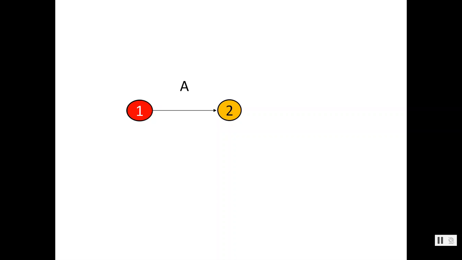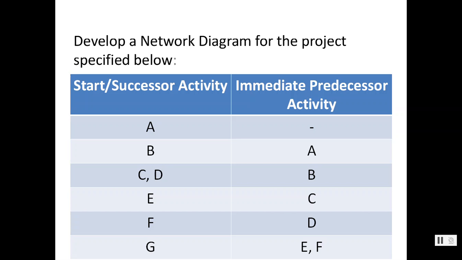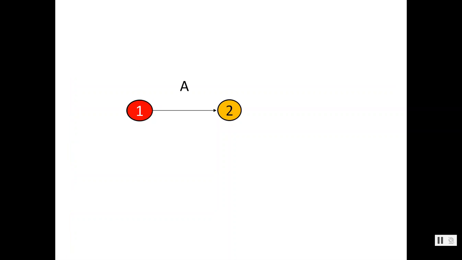So A can be represented as 1, 2 here. Next, B is the successor of A. After A there should be B. So when B is the successor of A, then 2, 3 will represent B.